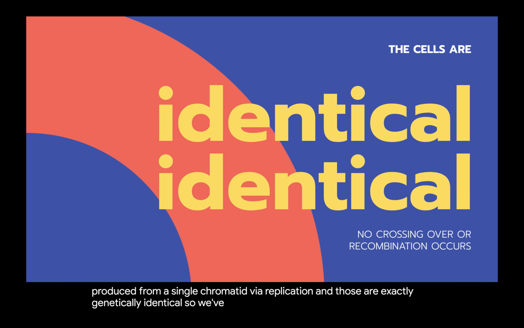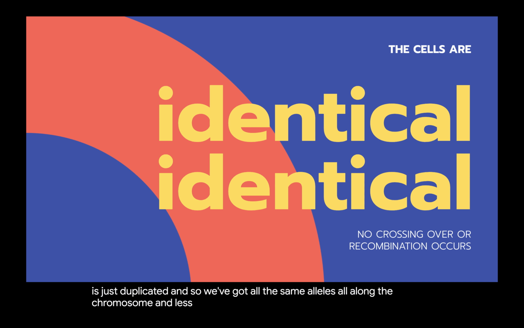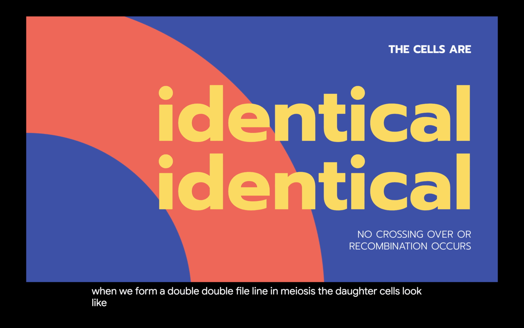So they've got the same genes, obviously, because it's the same chromosome, but it's not like a maternal copy and a paternal copy that we got from different parents. This is a single chromosome, which is just duplicated, and so we've got all the same alleles all along the chromosome, unless there's been a copying error, but for the most part, they're identical. We don't have crossing over, which happens when we form a double file line in meiosis. So all the cells are going to look exactly like the parents. The daughter cells look like the parents.